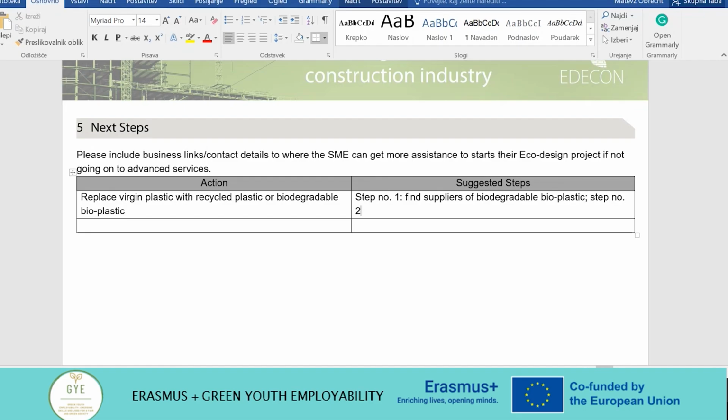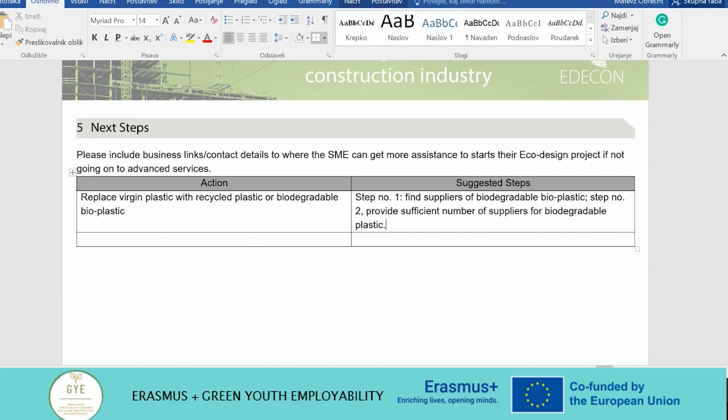Step number 2, maybe better to say, provide sufficient number of suppliers for biodegradable plastic.